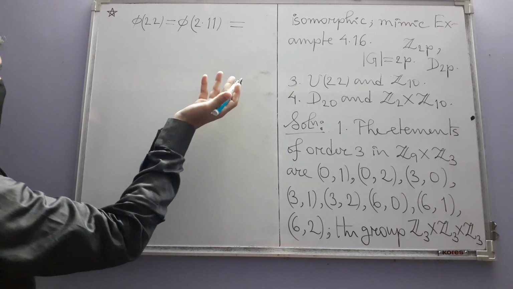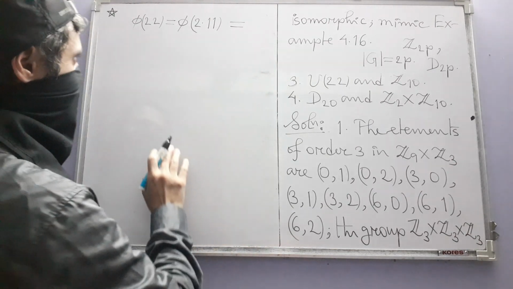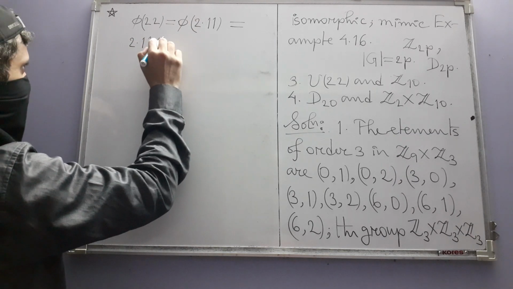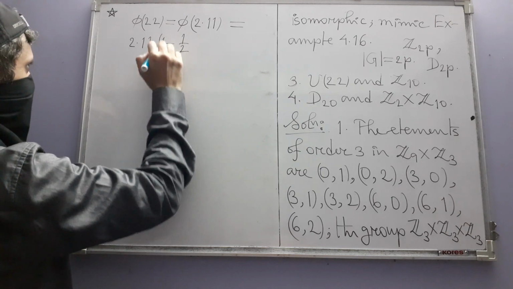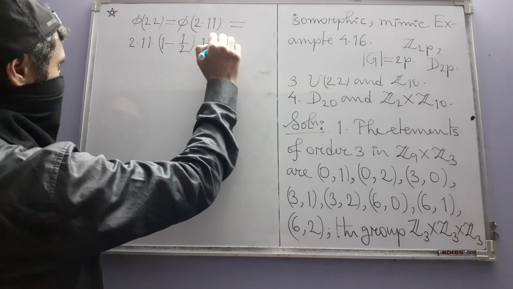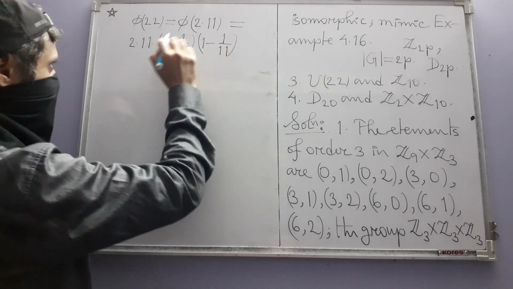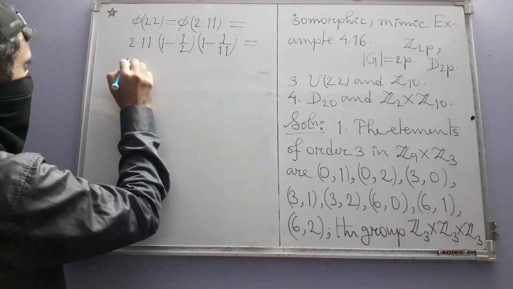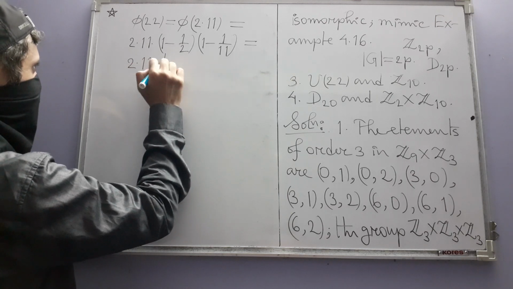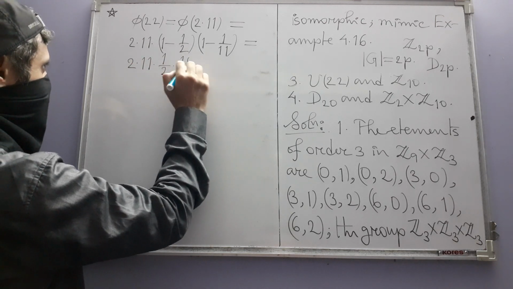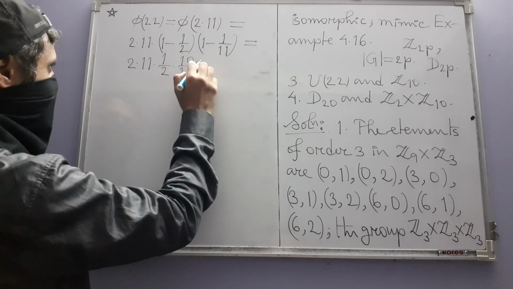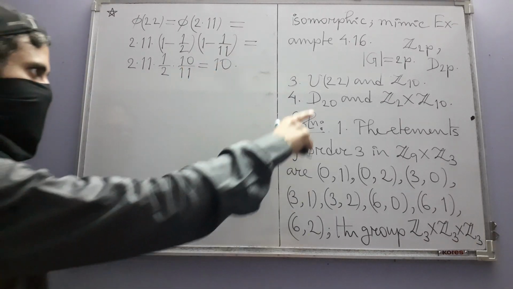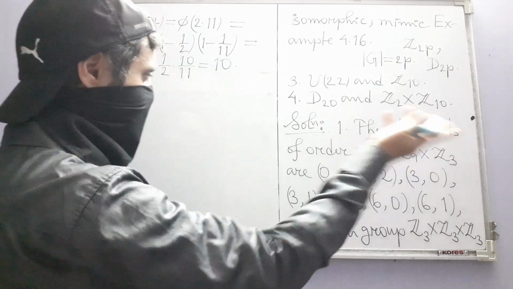So by a formula that we know, or which may be available in this text itself, this is nothing but the number itself multiplied by these differences, in which the primes appearing in the factorization appear like this: 2 times 11 times 1 over 2 times 10 over 11. So you can see that after cancellation you are left with 10. So this group also has order 10, and that one of course has order 10.